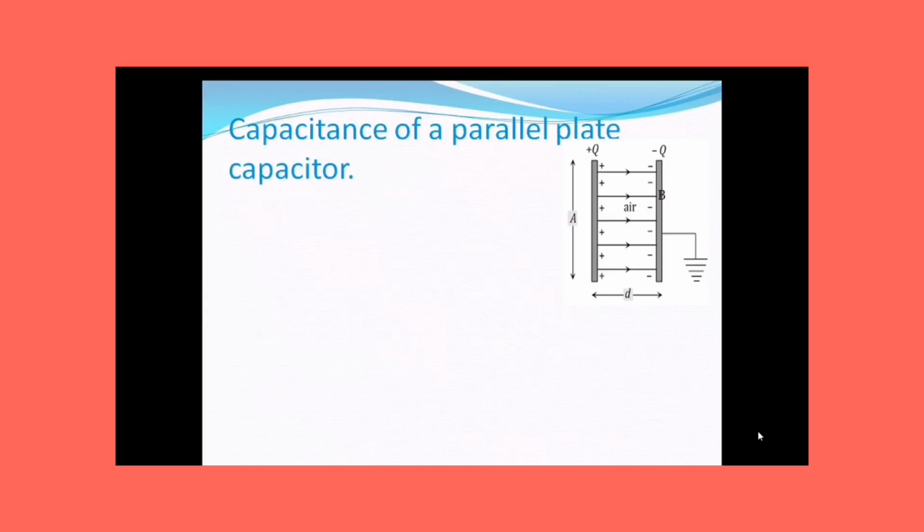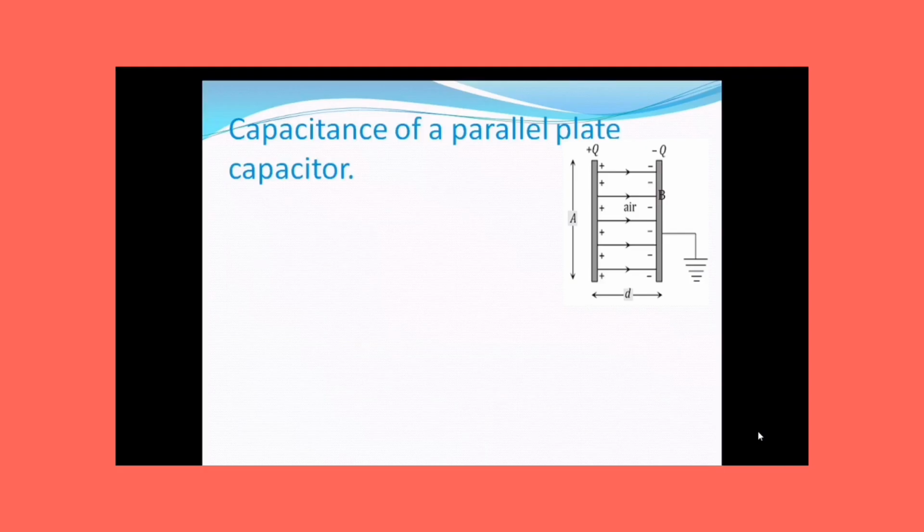Let +Q charge be given to plate A. Due to electrostatic induction, negative charge will appear on the inner side of B and the positive charge will appear on the outer side of B. The positive charge on the outer side of B gets neutralized due to the flow of electrons from the earth.